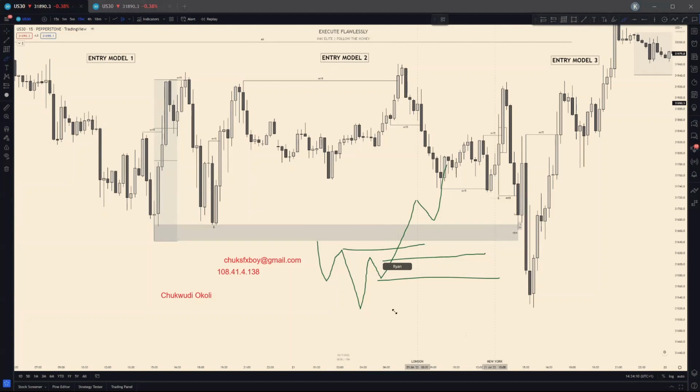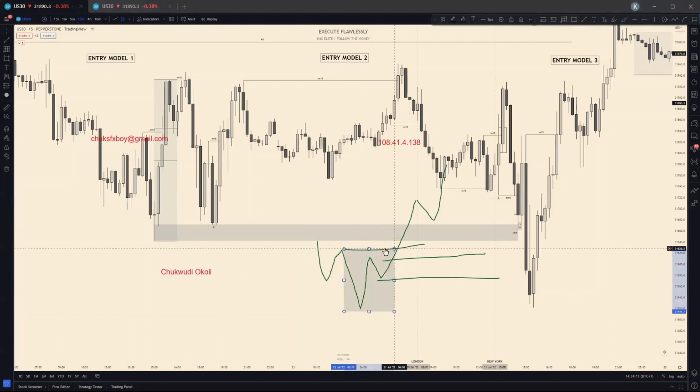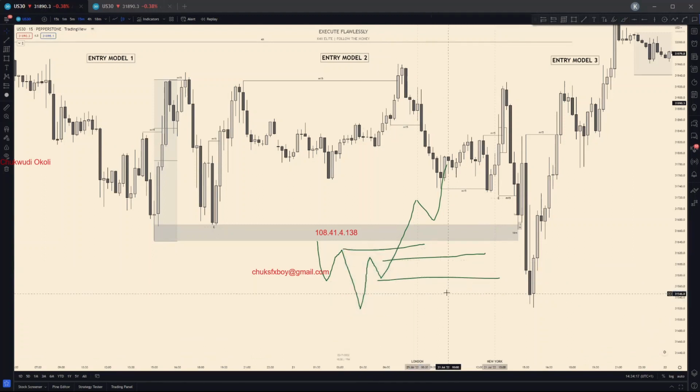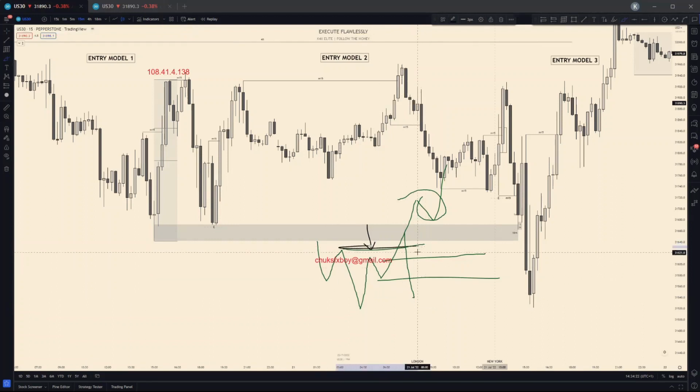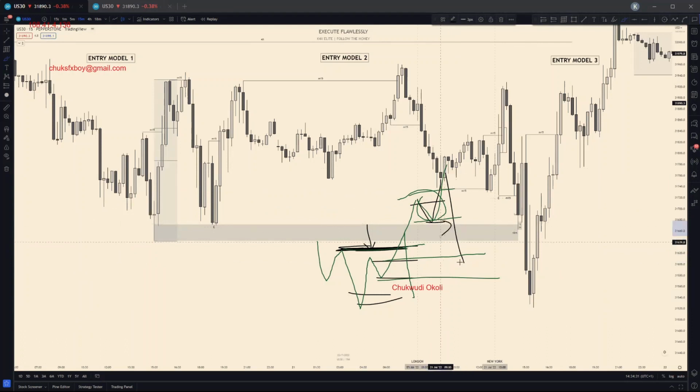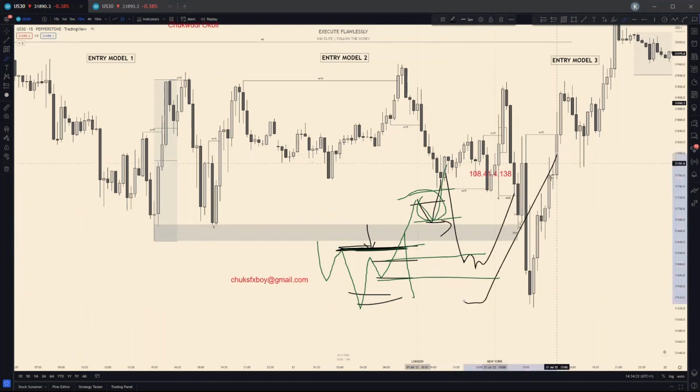Anything below that range, that first chalk, that line, anything below can be used as a POI for EM3. Yeah, so before this break, EM3 comes down below. Yeah, these are POIs to use, and then this is a break and comes down bearish, and yes, we can then play this and this.